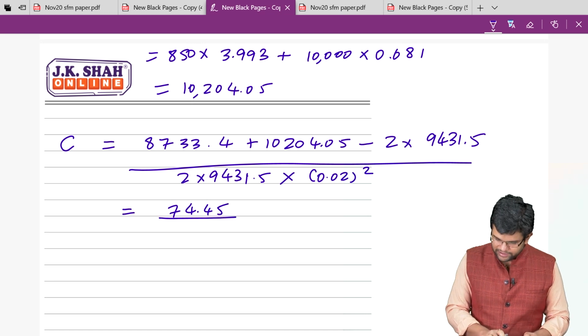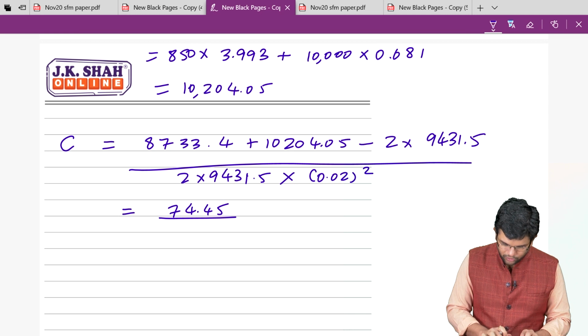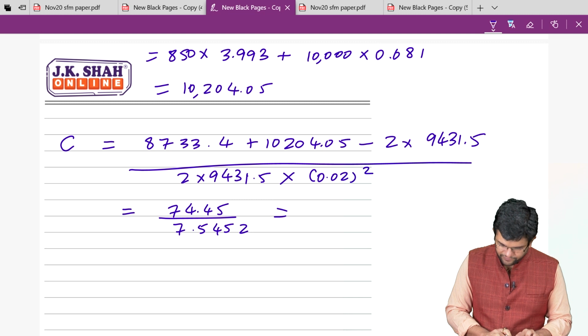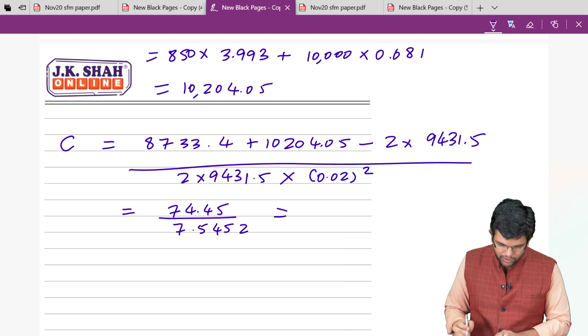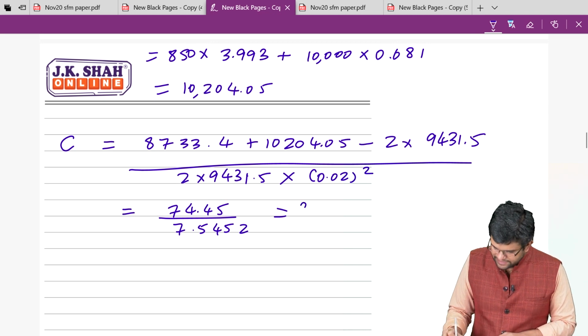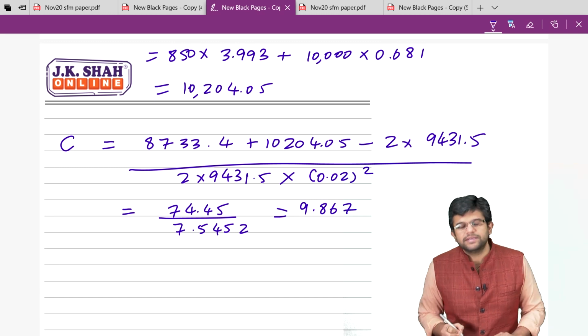Then downstairs we have got 0.02 square into 9431.5 into 2, which is 7.5452. So 74.45 divided by 7.5452 will give you 9.87, or for 3 decimals we can write it as 9.867.